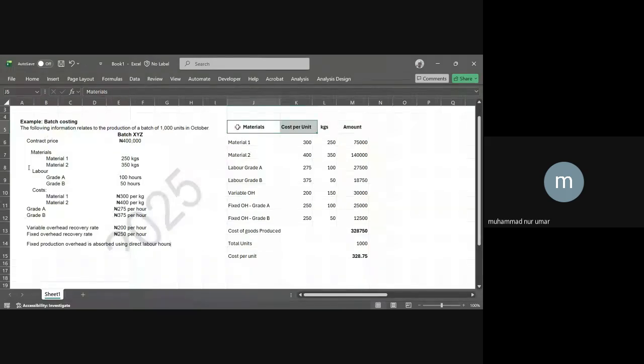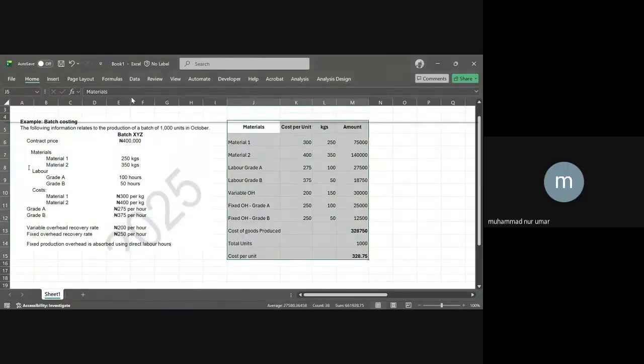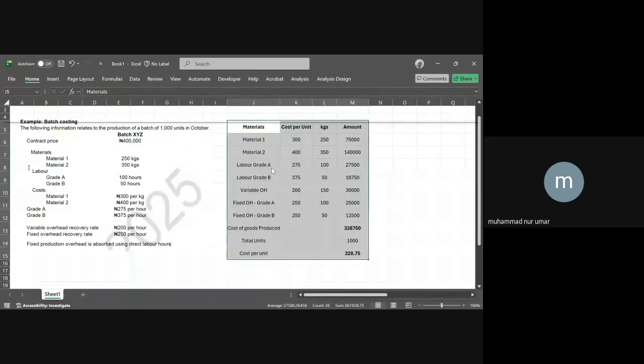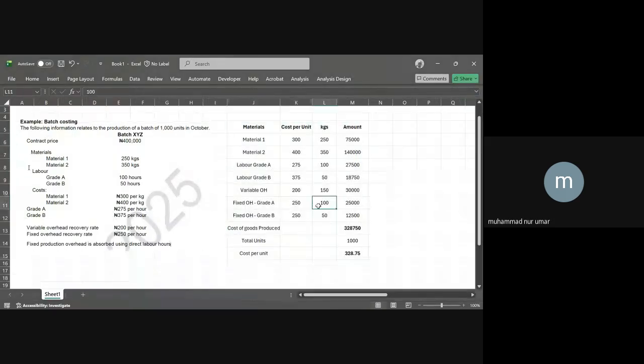Sir, please, I have a question. Why do we use the 150 for the variable cost overhead as the cost per unit?